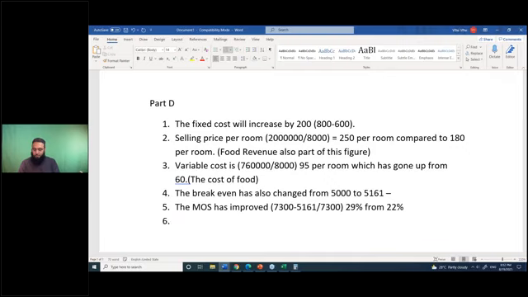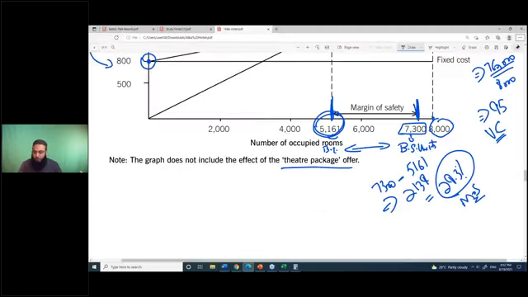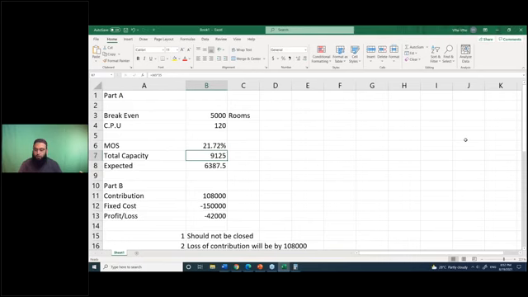Okay. The occupancy has also improved or will also improve. 7,300 now divided by how many rooms were available previously? Total capacity was of 9,125.